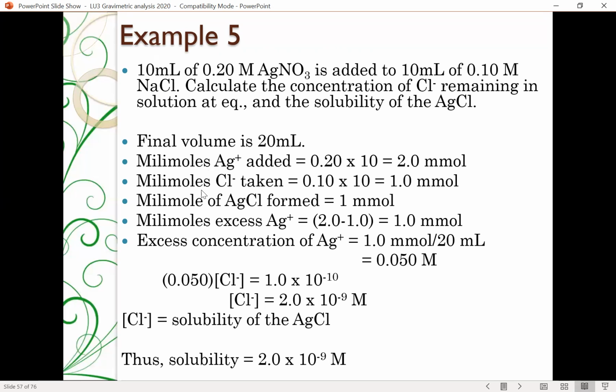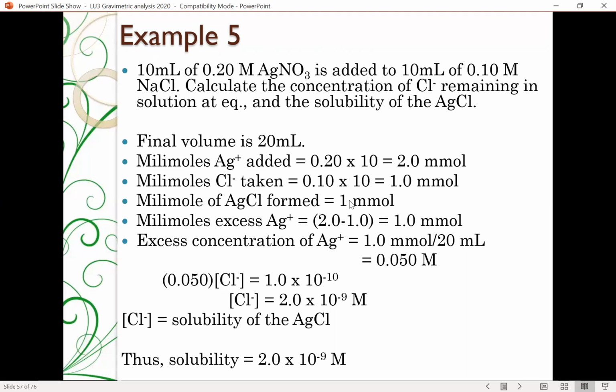And we calculate the millimoles of chloride. This is the millimole of chloride taken. We have M, 0.1 molar, and we have 10 ml of NaCl. So we have 0.1 times 10, which is 1 millimole of chloride ion. So from there, we have millimole of AgCl formed.